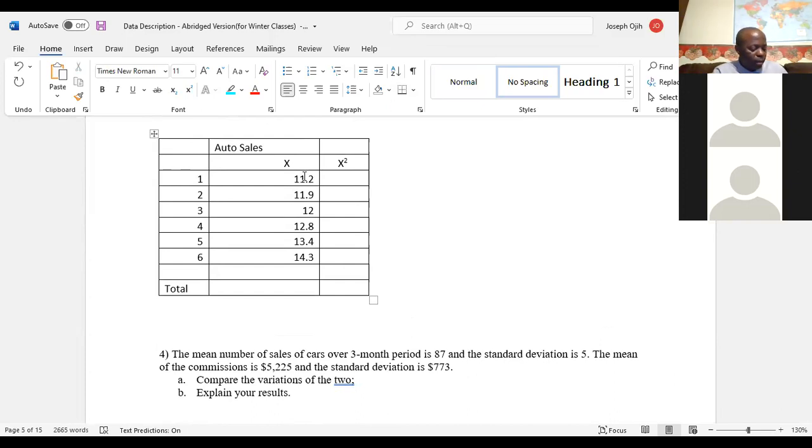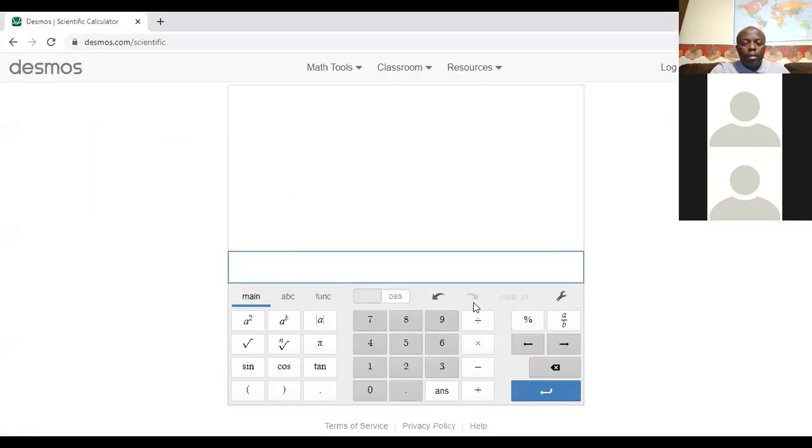I take you to the calculator, and 11.2 squared gives me 125.44. Let me write it down there.